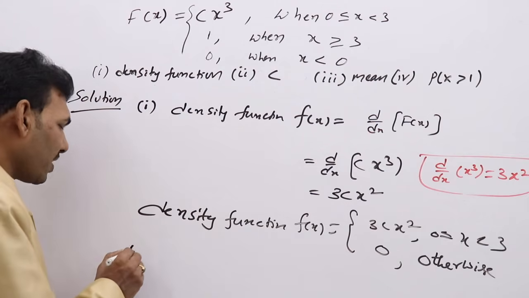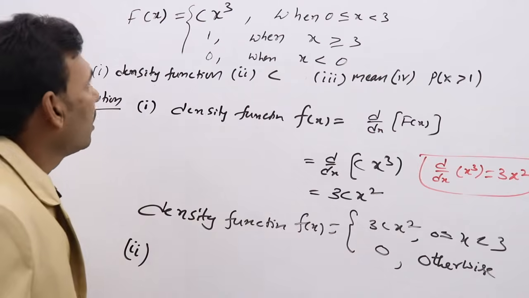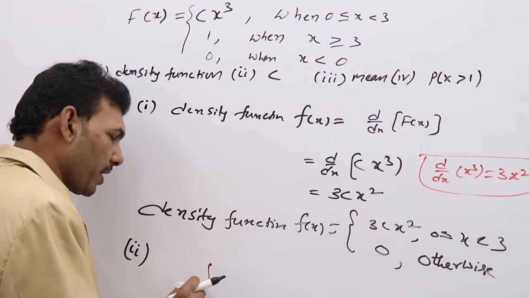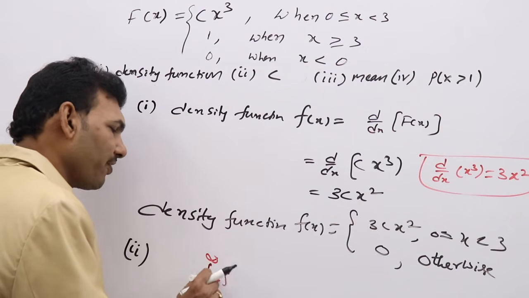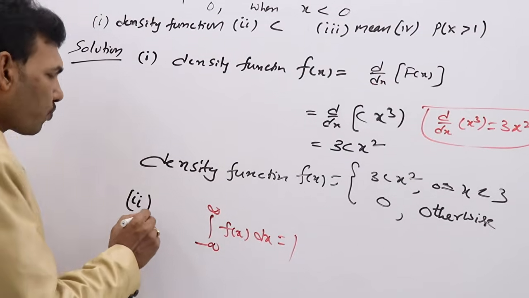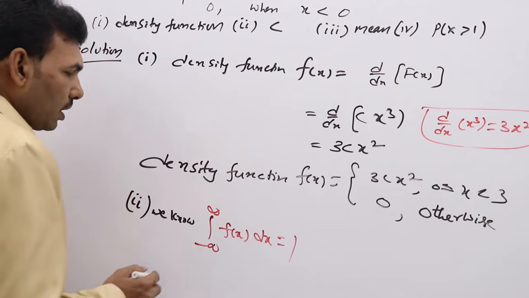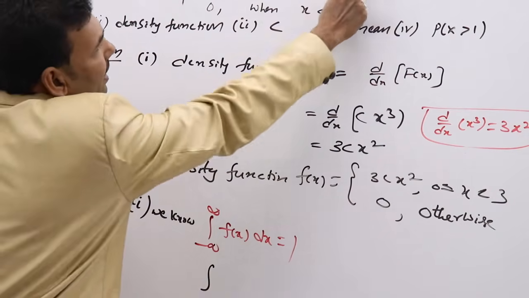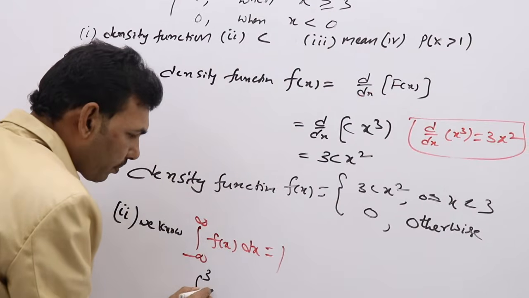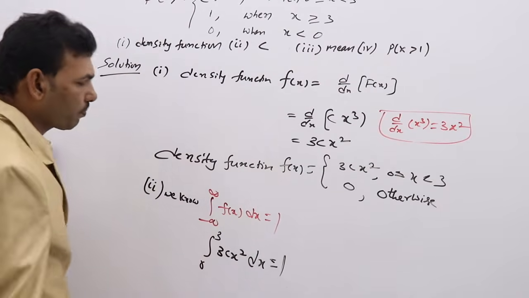Now, to find the C value, we use the important property of the density function. We know that the integral from minus infinity to infinity of f of x dx is 1. Here our interval is 0 to 3. So the integral from 0 to 3 of small f of x, 3c x square dx, equals 1.